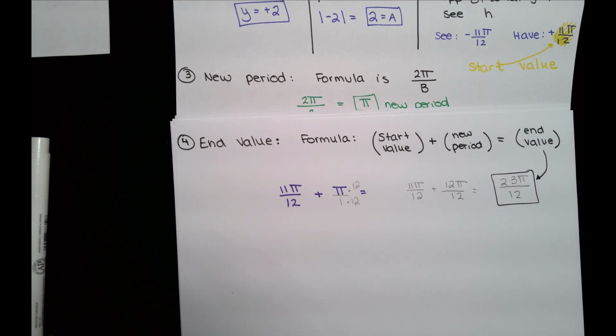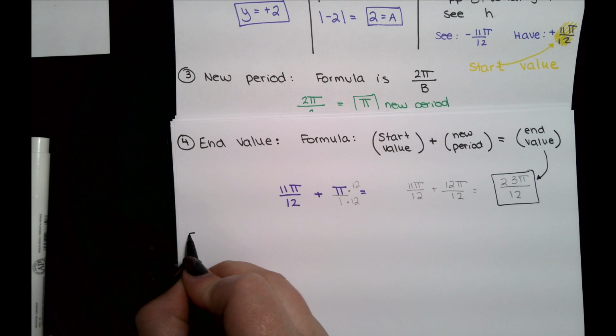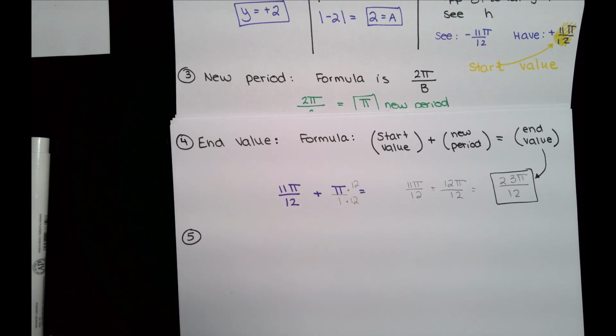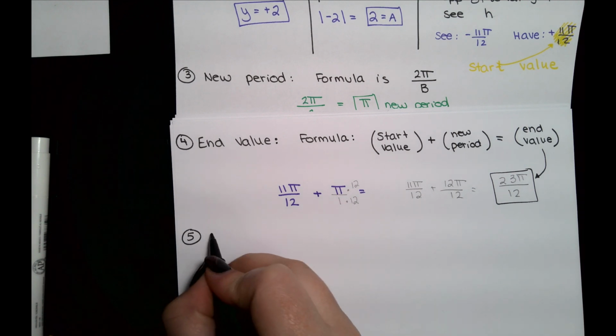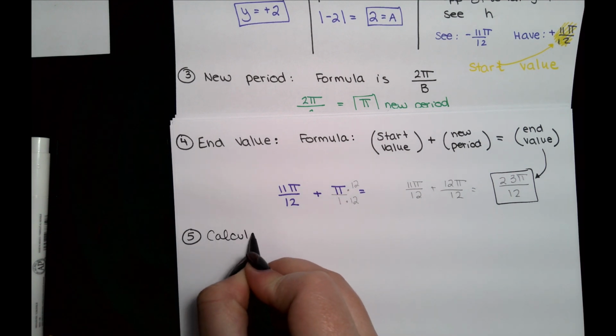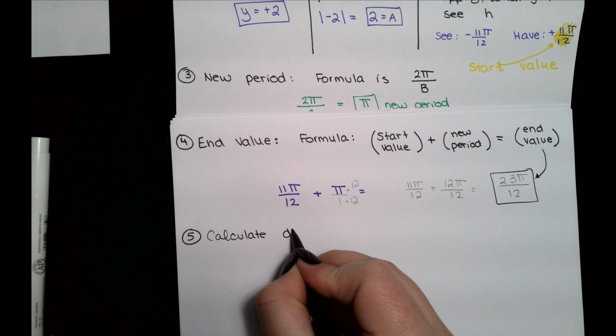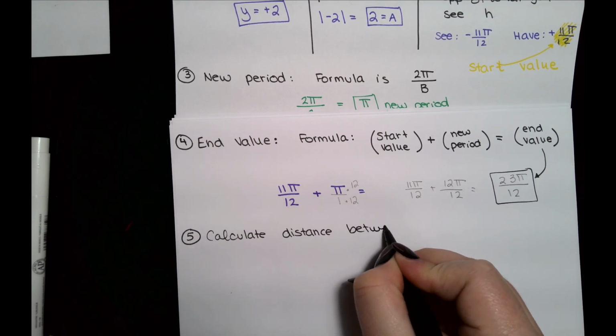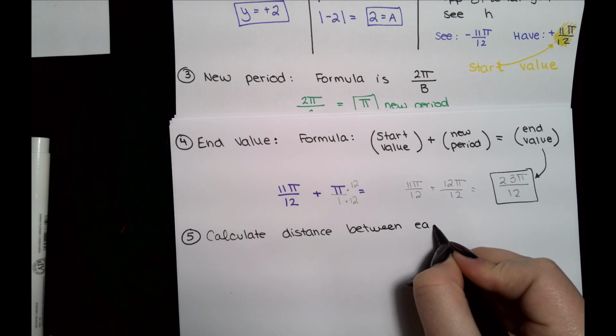Okay. Step number 5 is you're going to calculate the distance between what I call each jump, but it's the distance of your new quarter. You're going to calculate distance between each x value.